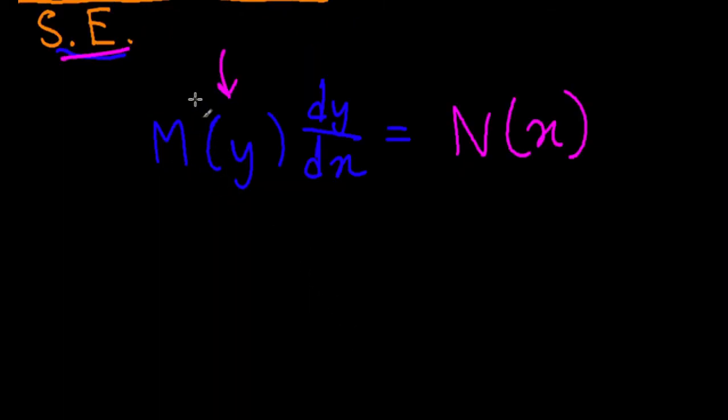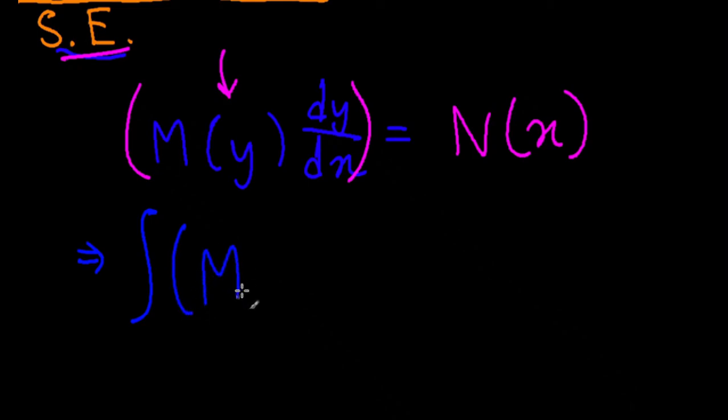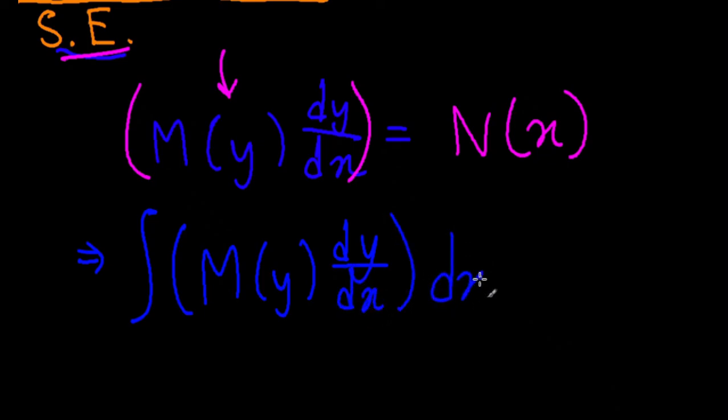Now, what I'm saying basically means that m of y multiplied by dy by dx, some expression or function, is equivalent to n of x. So if two functions are equivalent, there's no problem if you take the indefinite integral of both sides with respect to some variable, and the one I'm interested in is definitely x.